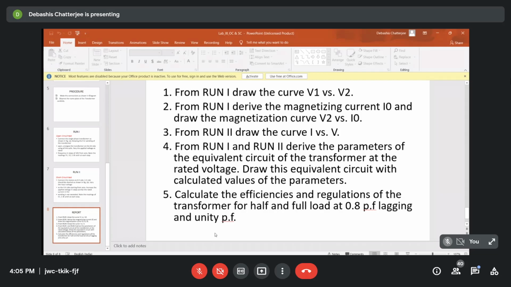Transformer was taken by Gautam sir, I think, in e-machines, and experimentally it was taken by Deep Singh sir.